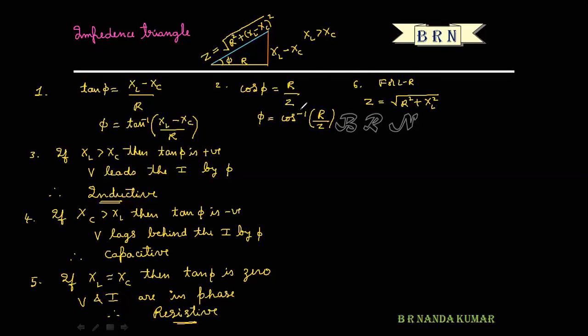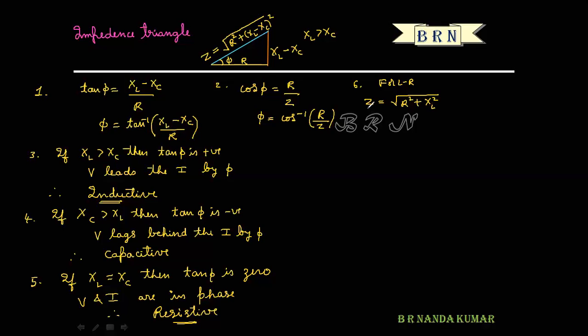Here XC is equal to 0. So the impedance triangle of the LR circuit: the perpendicular is XL, the base is R, and the hypotenuse is Z, equal to root R square plus XL square.